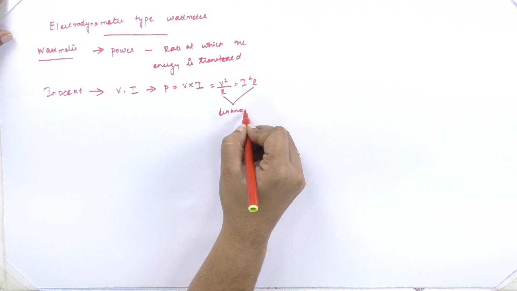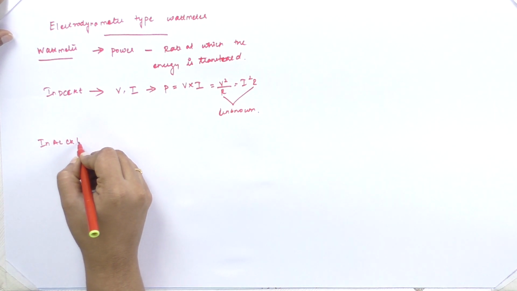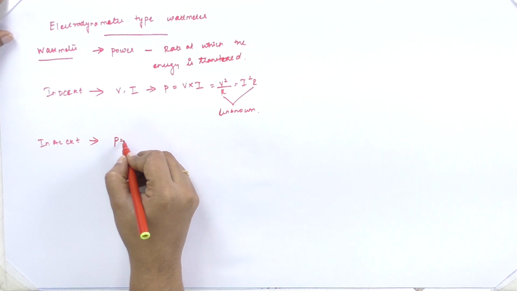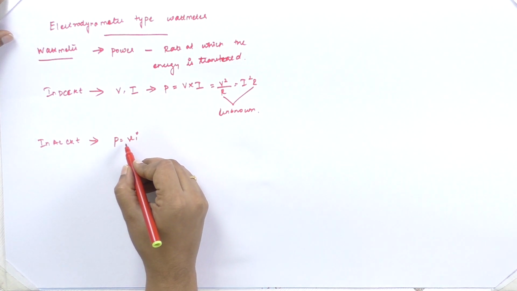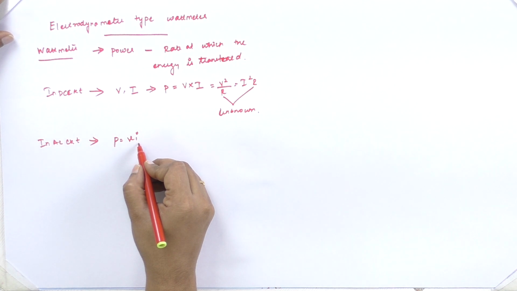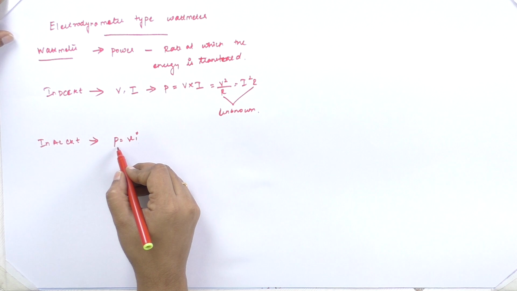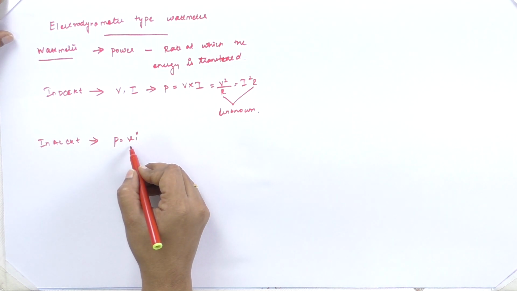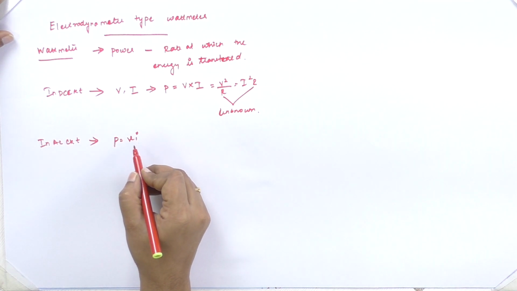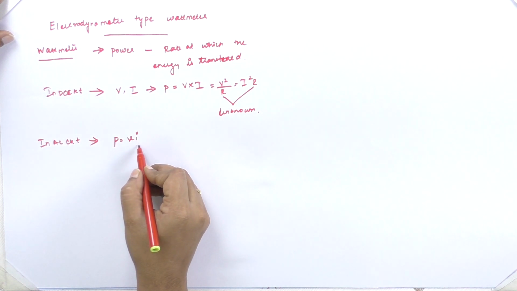But in an AC circuit, the instantaneous value of power is given by p equals v into i, where v is the instantaneous value of voltage and i is the instantaneous value of current. Both the voltage and current waves are sinusoidal, and the current lags the voltage by an angle phi.